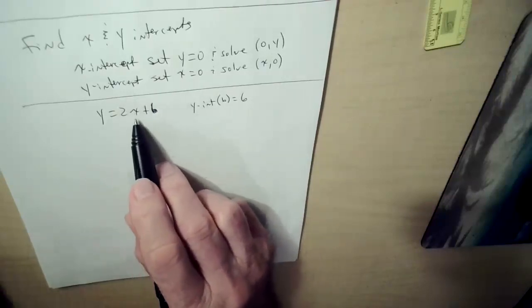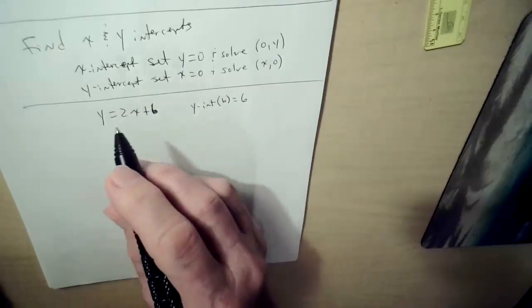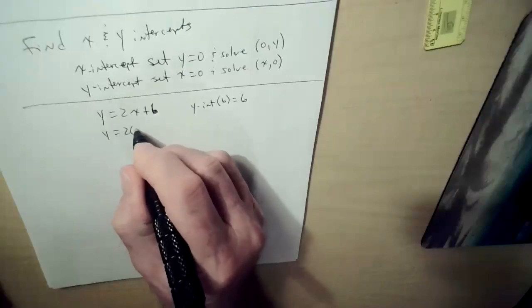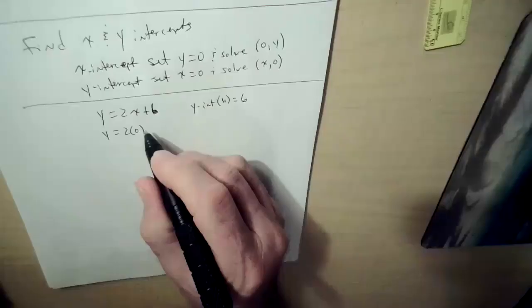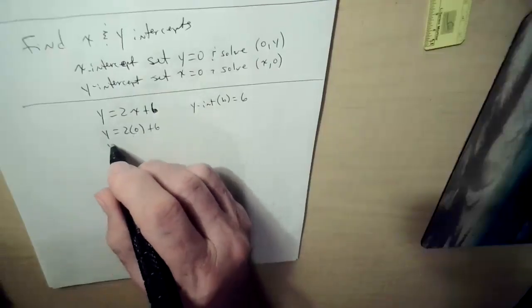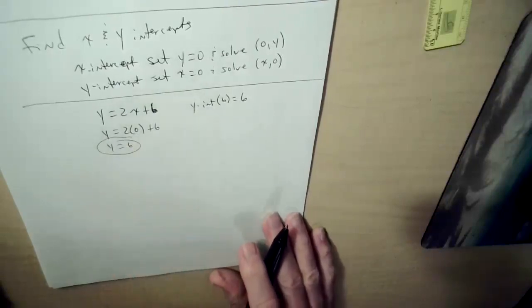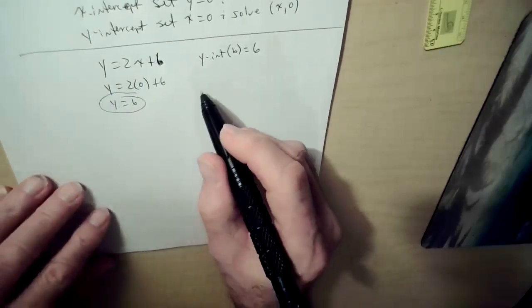The x-intercept we do not know. Find it. I'll tell you how you can do this, because they're not always going to be in slope-intercept form. You can do y equals 2 times 0 plus 6. 2 times 0 is 0, plus 6, y is 6.